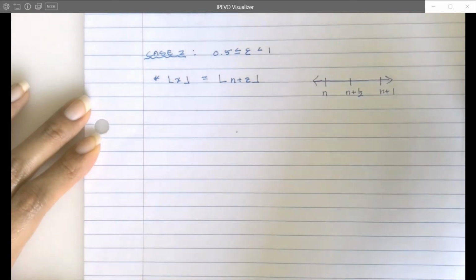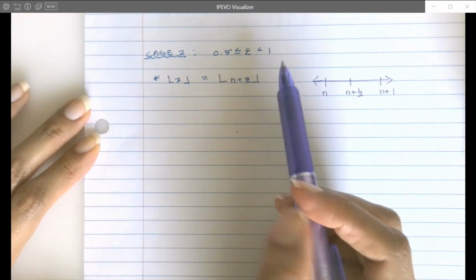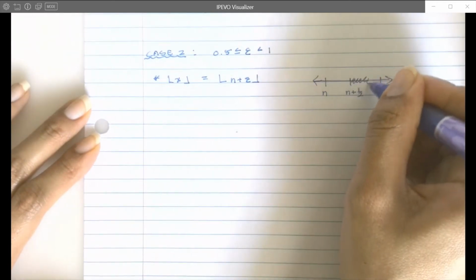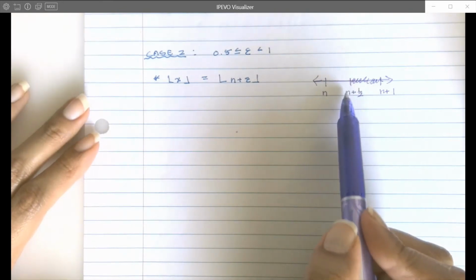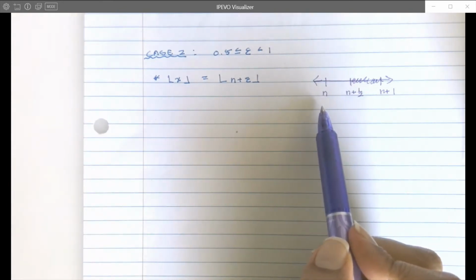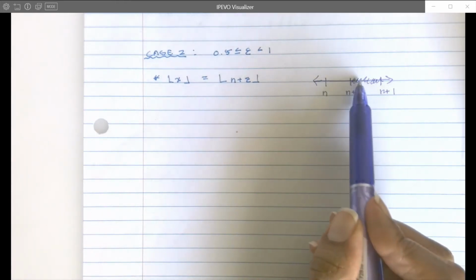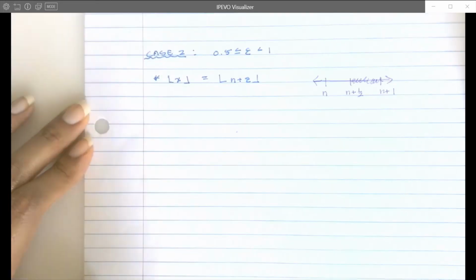N plus epsilon, epsilon lies between 1/2 and 1, so that means that n plus epsilon has to be somewhere in this range. And because it is somewhere in that range, the largest integer lower bound of any number found in this range would be n.